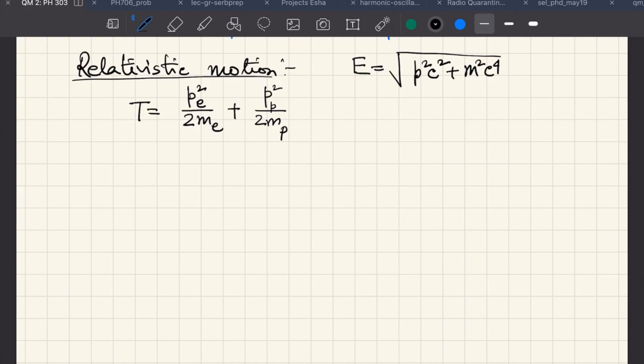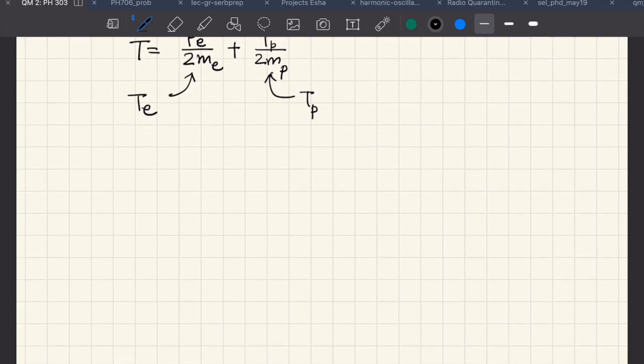So this is the term which is the kinetic energy of the electron, and this is the term which represents the kinetic energy of the proton.